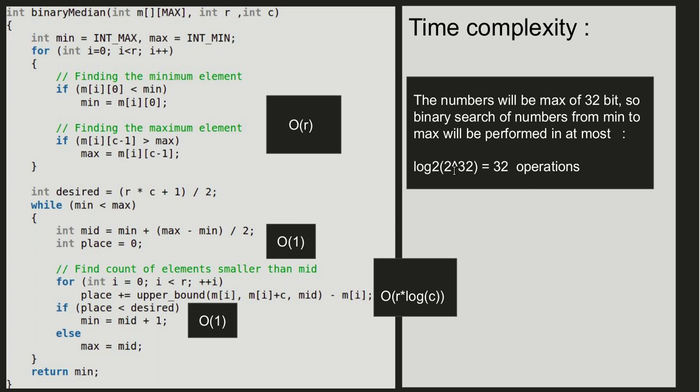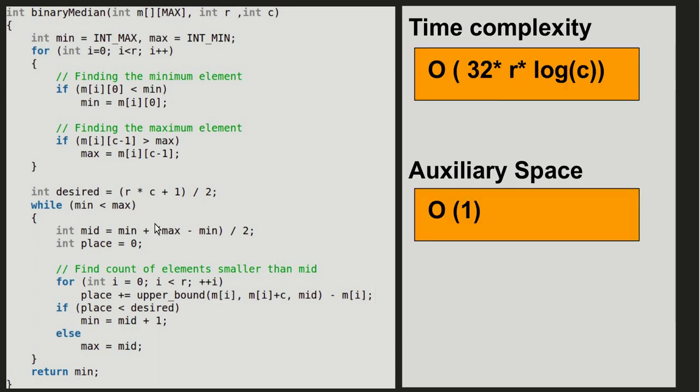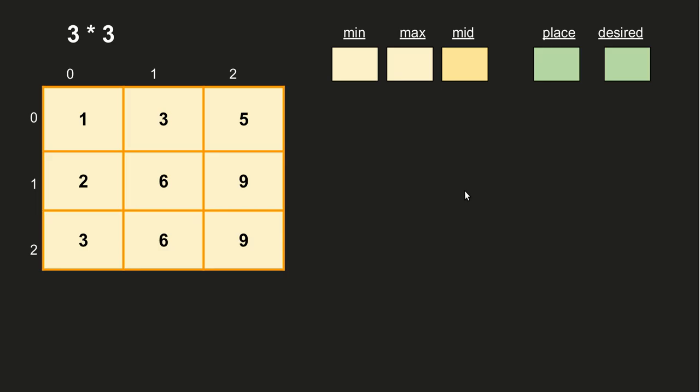So if we perform that binary search on the worst case, that is a maximum range of numbers, the time complexity is log 2 to the power 32, that is 32. So at most this loop will run 32 times. So in worst case, time complexity would be big O of 32 into R into log C. Auxiliary space is big O of 1.